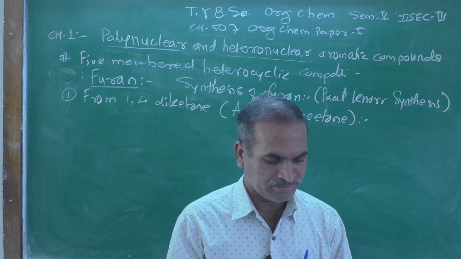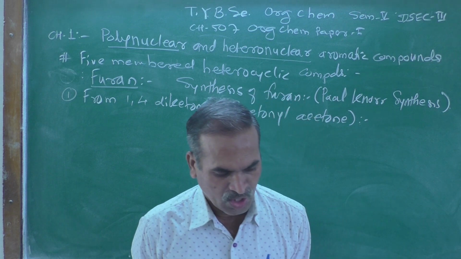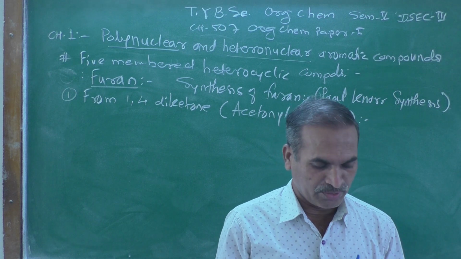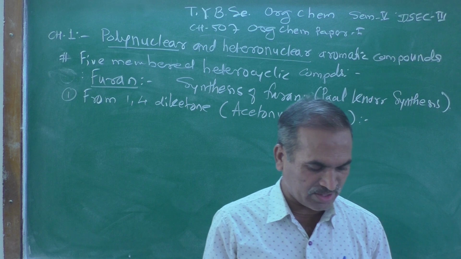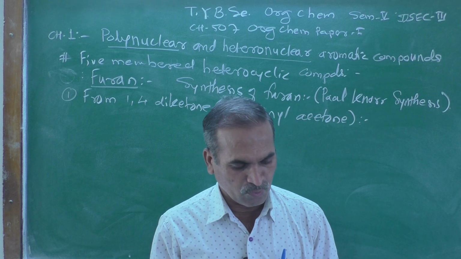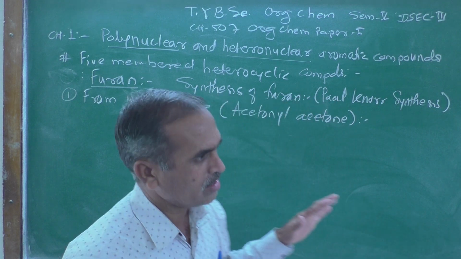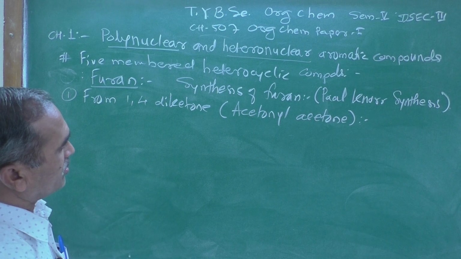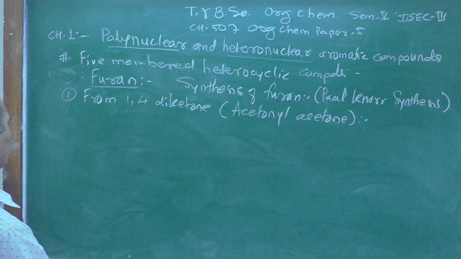What he did: acetonyl acetone on heating with P2O5, phosphorus pentoxide, undergoes cyclization and forms 2,5-dimethyl furan. This is a very simple method for the preparation of furan.